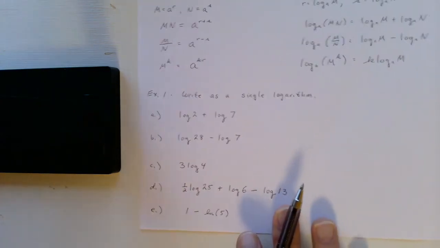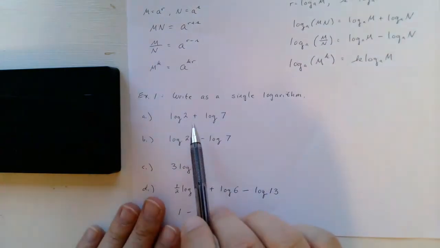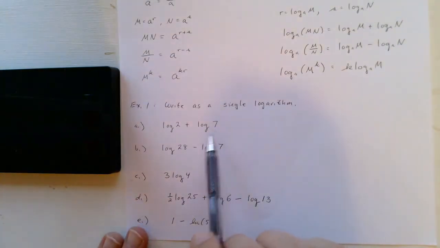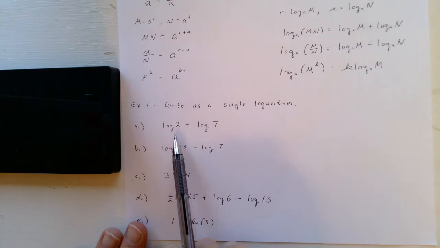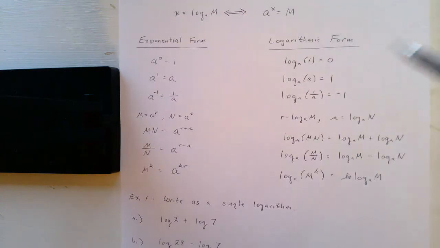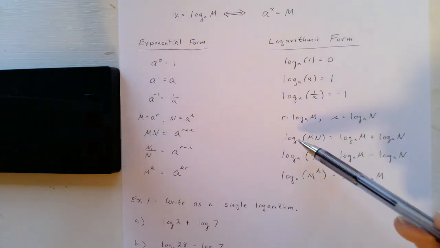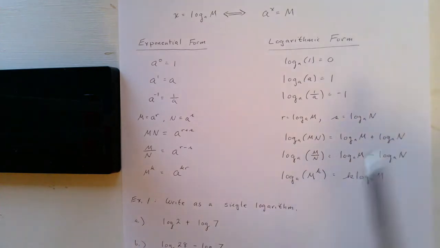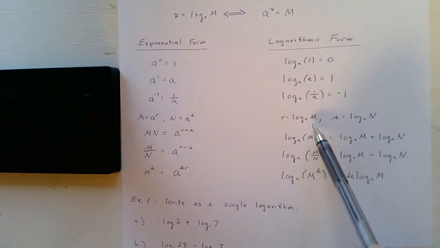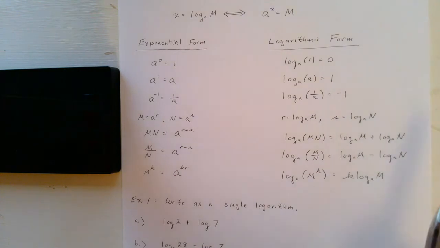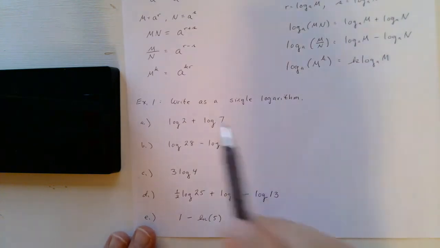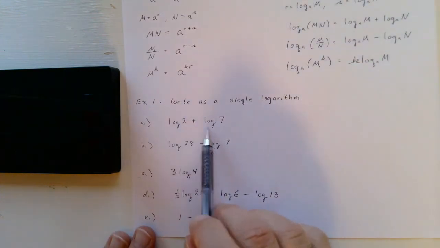So here we have the log of 2 plus the log of 7. By the way, it's very important that these properties only work if the base a is the same. This won't work if you have the log base 3 plus the log base 4. But here both of these logs are base 10.